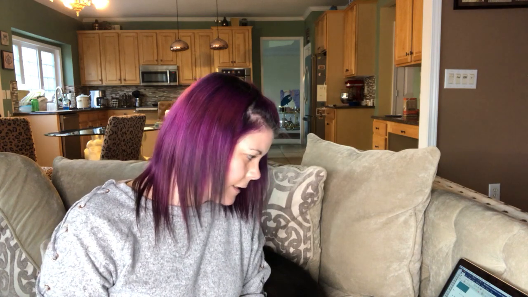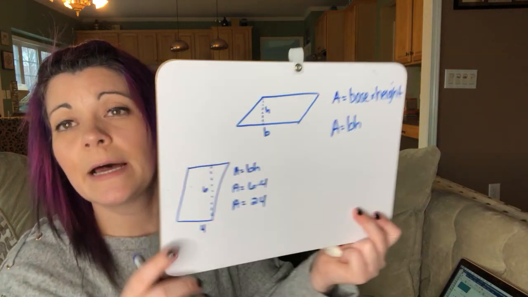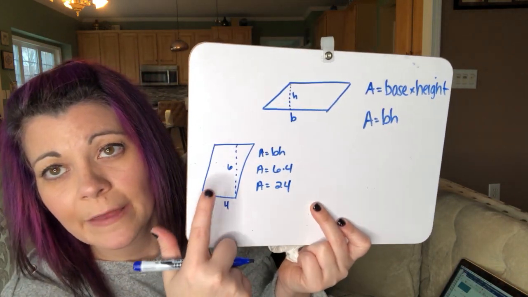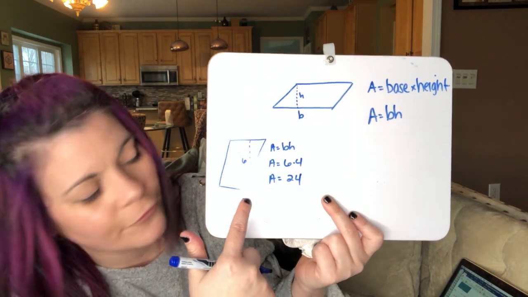Area of this parallelogram, 4 and 6. So area is base times height. So area is 6 times 4, where the area is 24. Because look here, so the height is 6 and the base is 4.